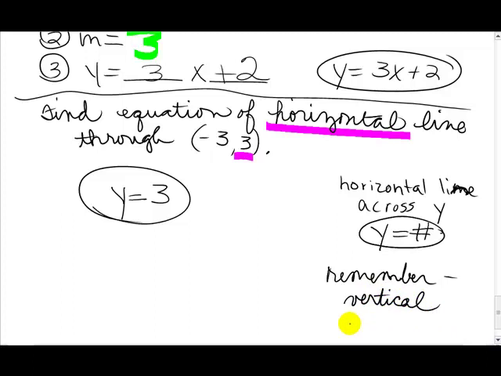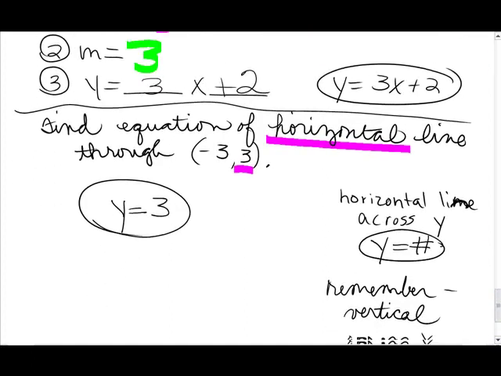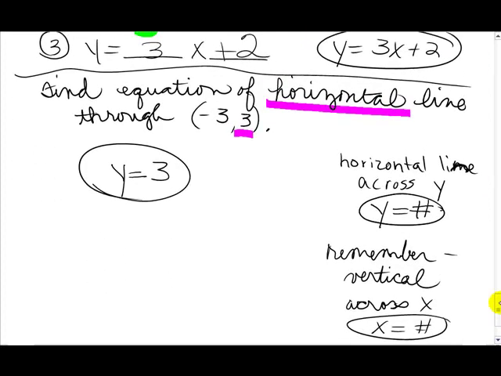This goes across x, so your equation is x equals the number. So you want to keep that in mind as you're doing this homework. Sorry about that.